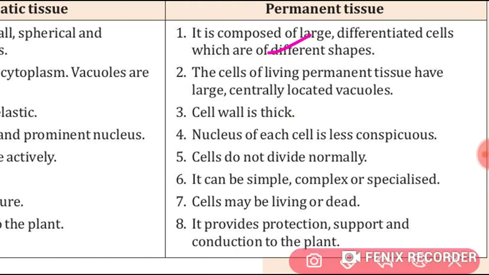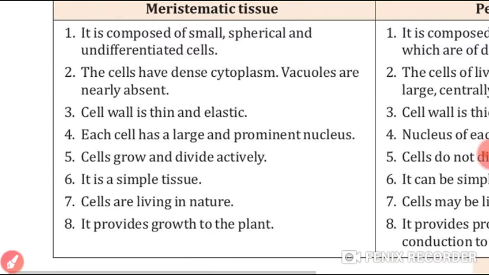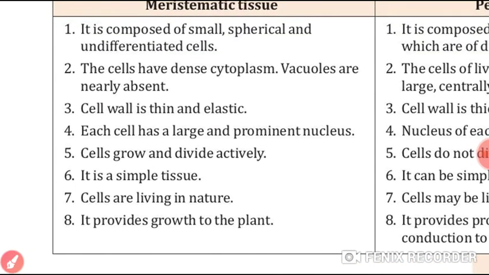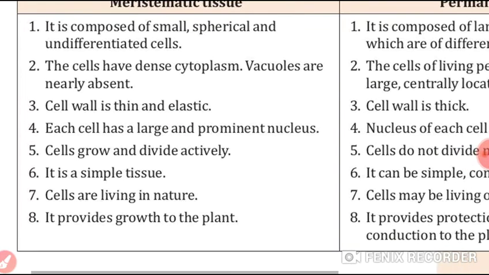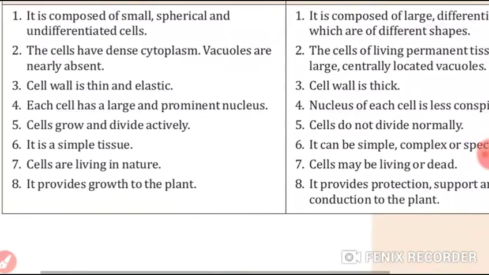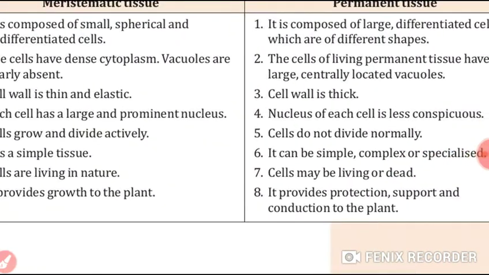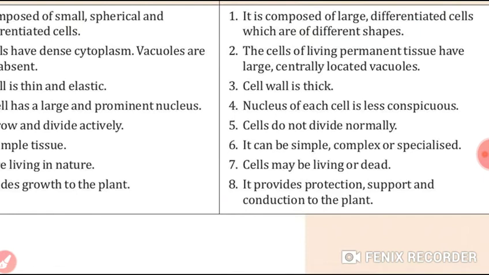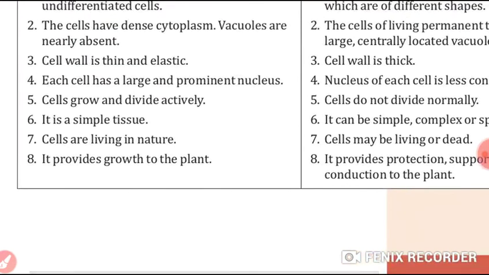Large, differentiated cells. They are different in shape. Next, meristematic tissue cells have dense cytoplasm. Vacuoles are nearly absent, while the cells of permanent tissues have large centrally located vacuoles.